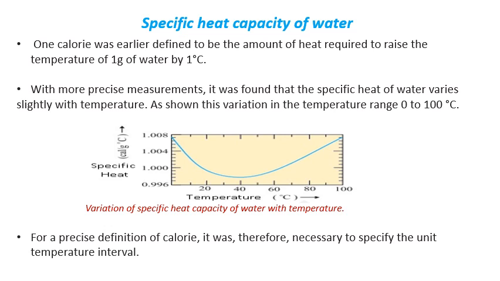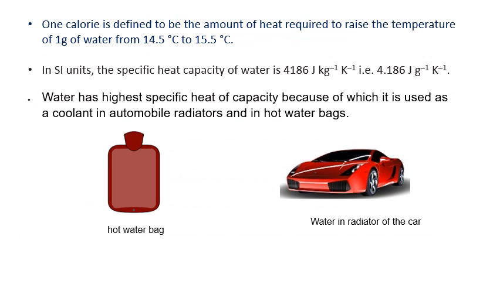For a precise definition of calorie, it was therefore necessary to specify the unit temperature interval. So 1 calorie is defined to be the amount of heat required to raise the temperature of 1 gram of water from 14.5 degrees Celsius to 15.5 degrees Celsius.